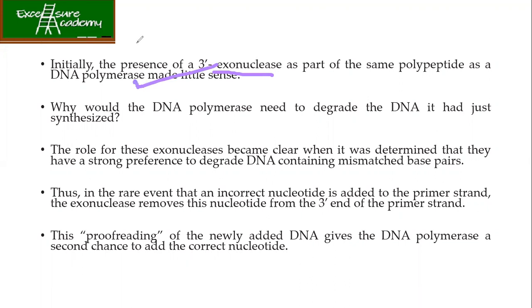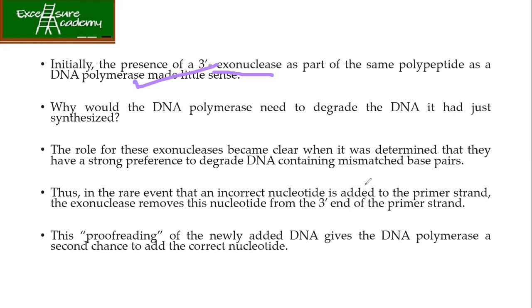Now the question comes: why would the DNA polymerase need to degrade the DNA it had just synthesized? But now we know that the DNA polymerase is not 100% sure that it always added the correct nucleotides, right? So in order to proofread, in case it added one by mistake, we have the 3' exonuclease activity, and that is why it is also part of the same DNA polymerase.